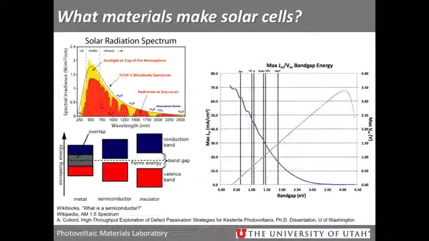Okay, so let's talk about what materials make solar cells. In the top left corner, we have the spectrum of light that hits the Earth. The yellow is what spectrum you'd see at the top of the atmosphere. You may know it can be approximated by a black body radiation, which is the gray curve.